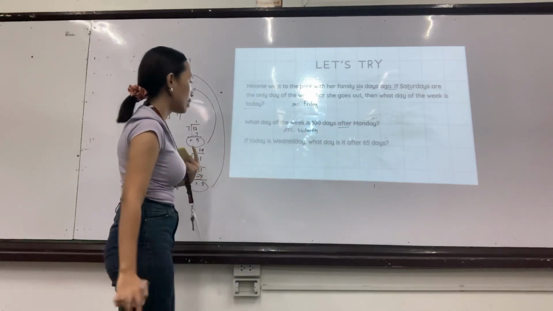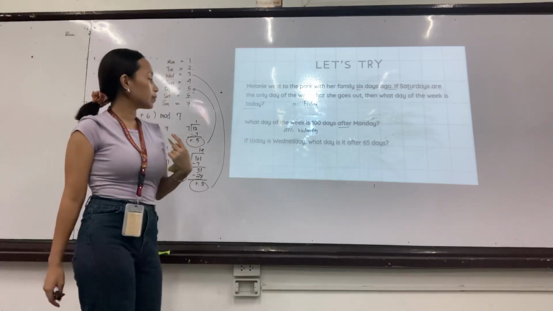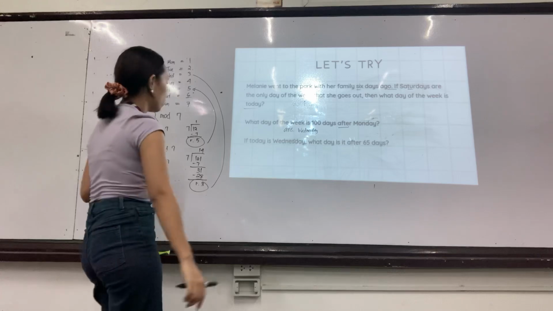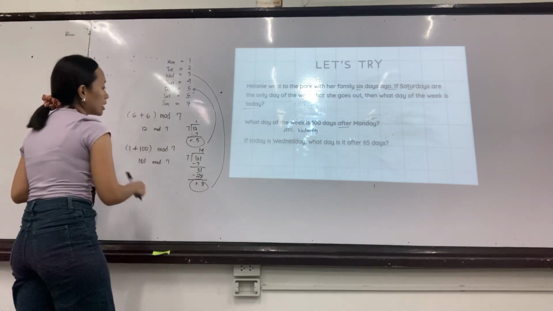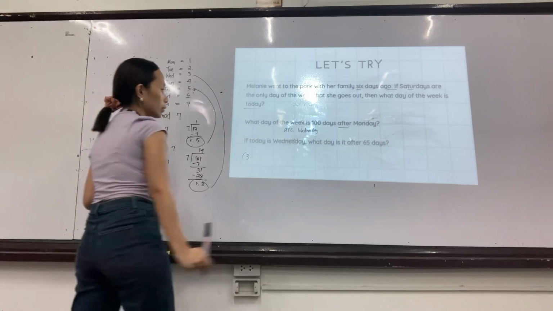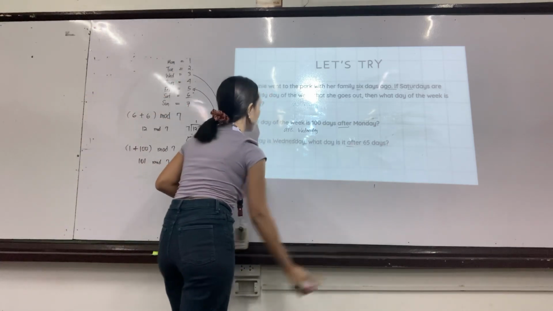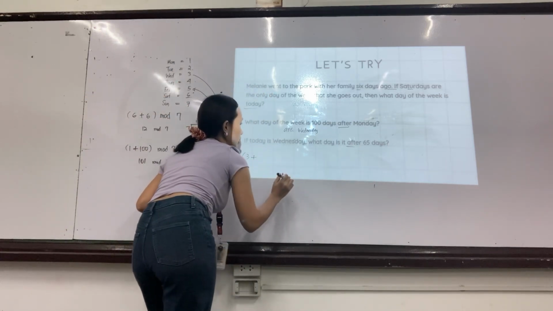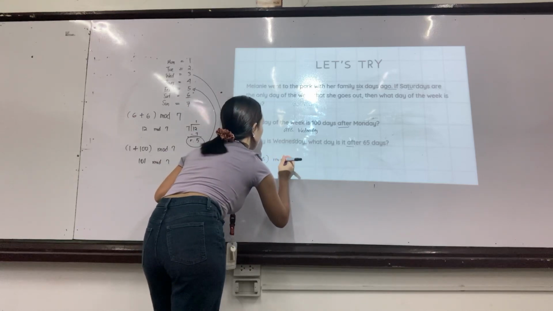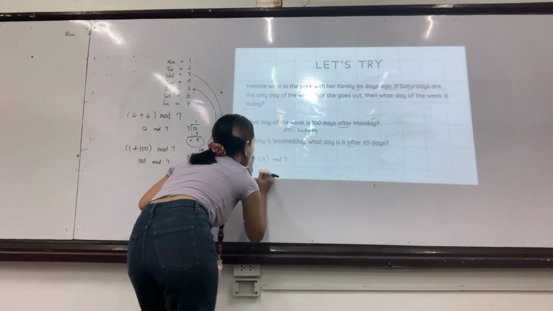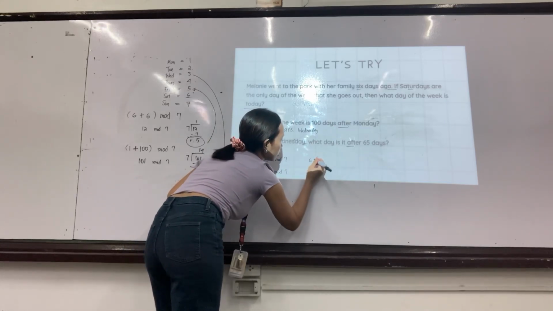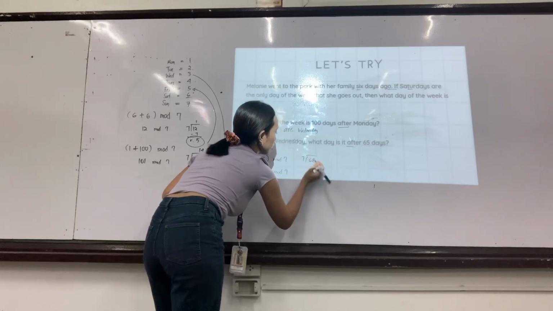Okay, now, the next one is: if today is Wednesday, what day is it after 65 days? So Wednesday is denoted with the number 3. And since we are also talking about after, we are just going to use addition. So 3 plus 65 modulo 7. 3 plus 65 is 68, and then we divide 68 by 7.